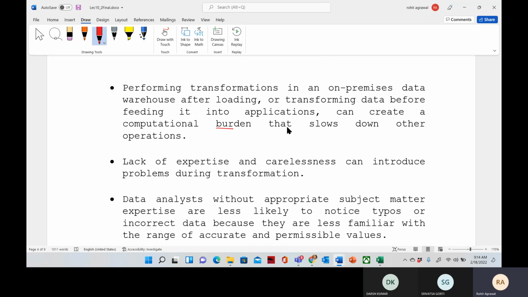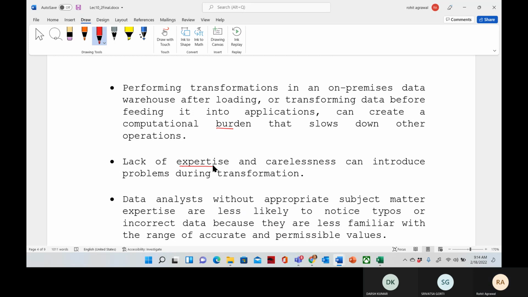This can be a burden that can slow down the operation. And if you lack expertise, suppose you are working on some image related data and you are not familiar with this, then again this is a problem. Clear?